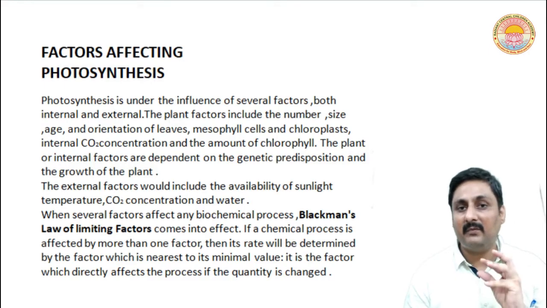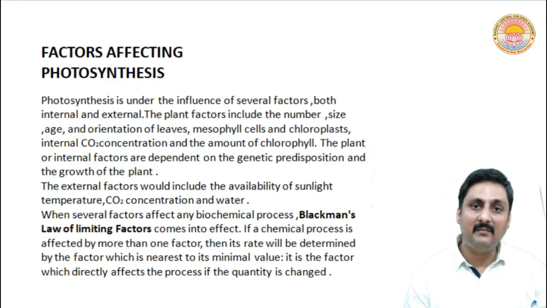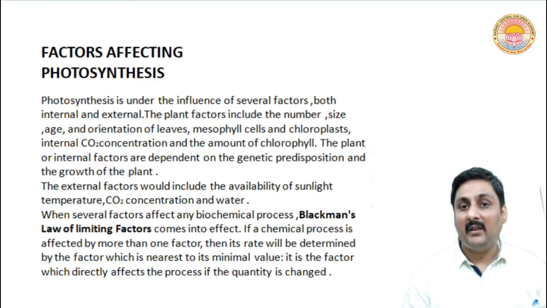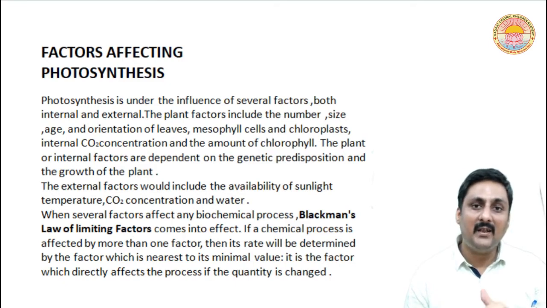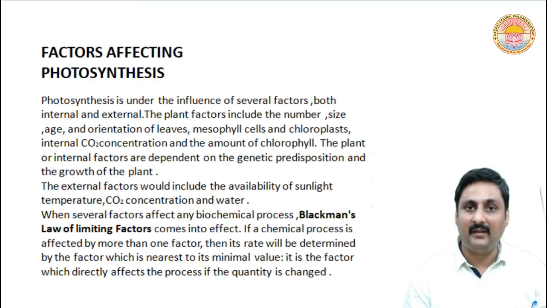So it is the factor which is present in the least amount that becomes a limiting factor and starts affecting the rate of photosynthesis. If suppose the carbon dioxide level is increased, then any other factor, for example water availability, may become a limiting factor.